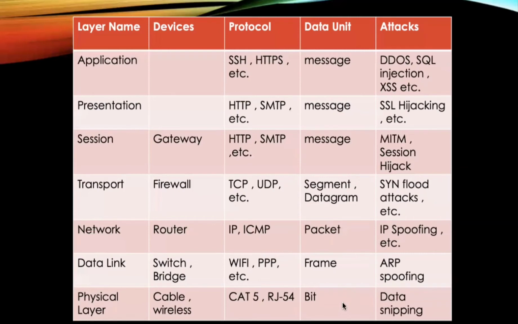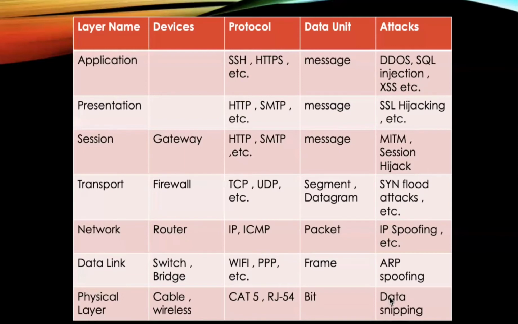The attack that can be performed on this layer is data sniffing. Data travels on a physical medium, for example cables, or for a wireless network, it goes as radio signals. Data sniffing mainly concentrates on getting that data. For example, you send a WhatsApp message from your mobile. It will be converted and travel as a radio signal.